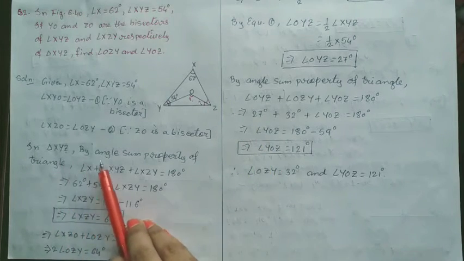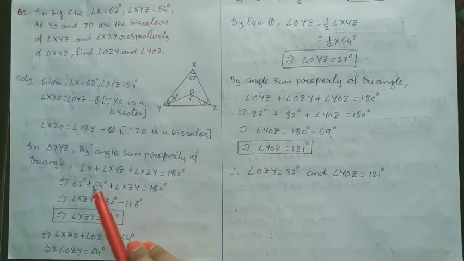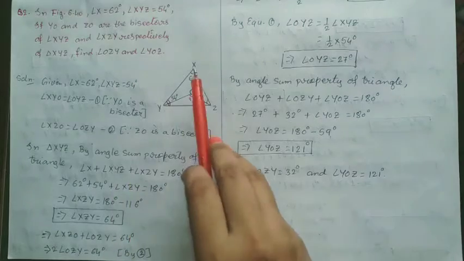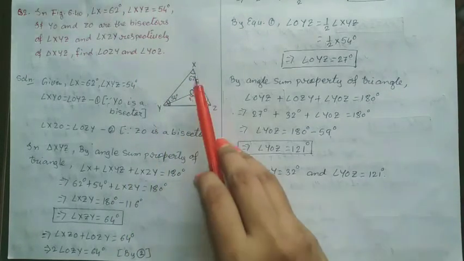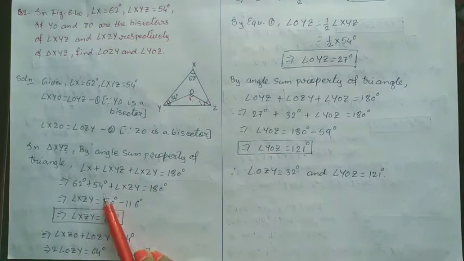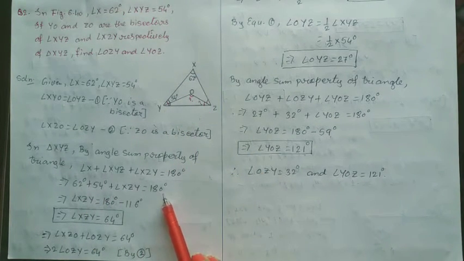In triangle XYZ, by angle sum property, angle X plus angle XYZ plus angle XZY is equal to 180. We know the values of two of these, and only XZY is not known to us. Let us calculate and we'll get the value as 64 degrees.